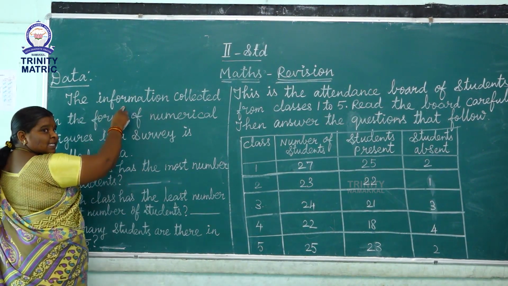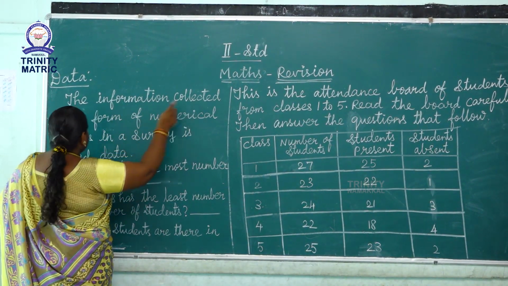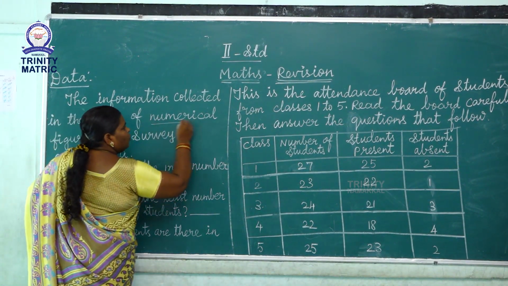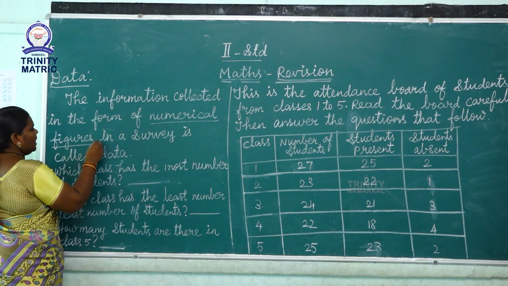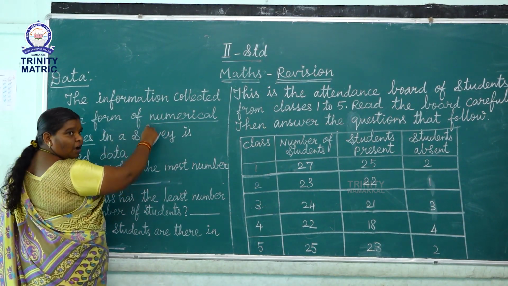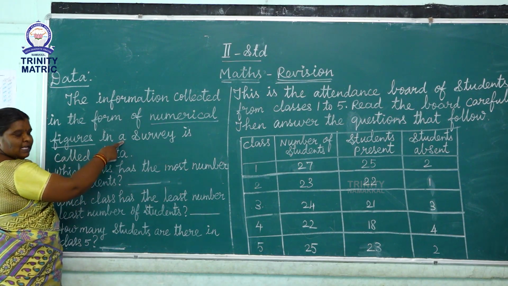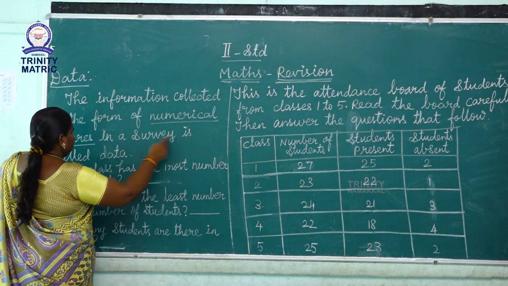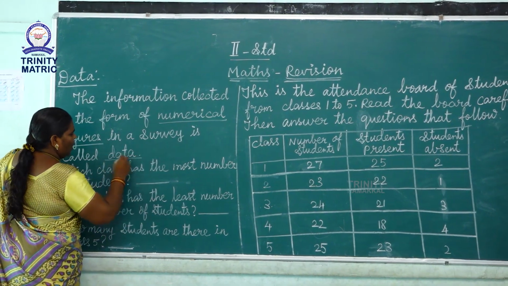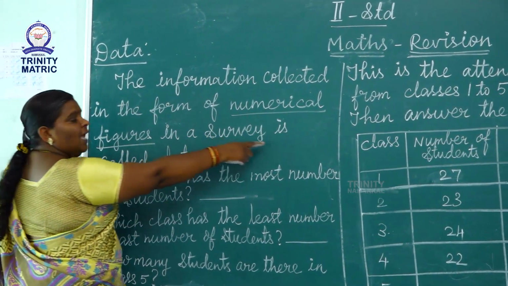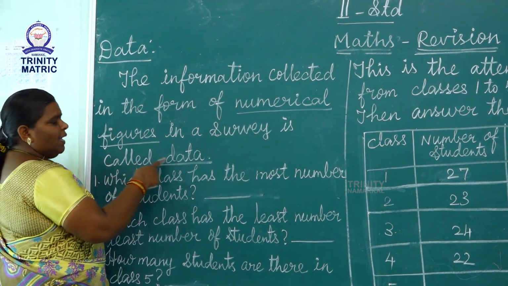The information collected in the form of numerical figures in a survey is called data.